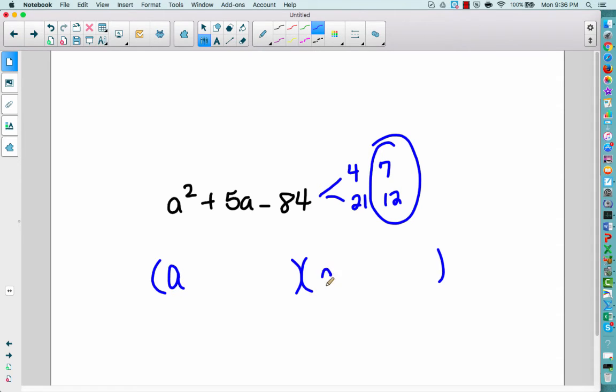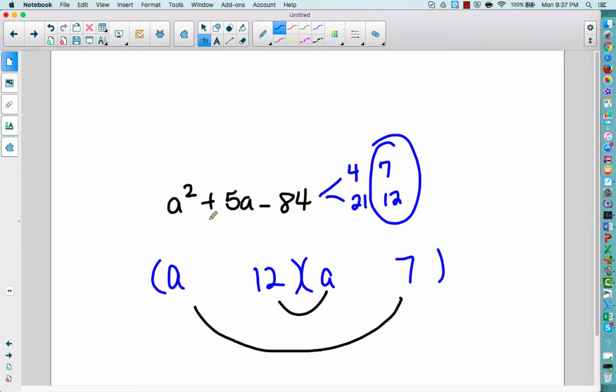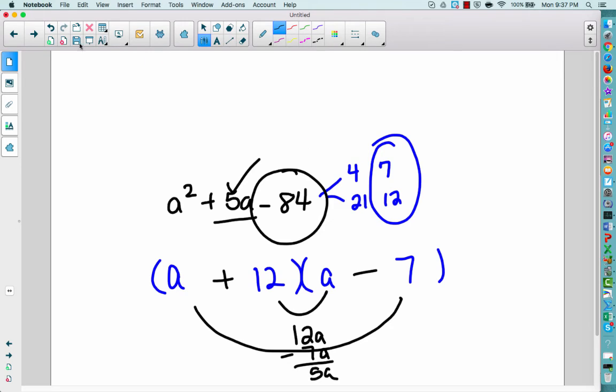So I have x and x, 12 and 7, smiley face in to help me. I need them to add to a positive 5, but multiply to a negative number, which would mean the 12 would need to be positive, the 7 would need to be negative. I check myself regardless if I see it or not, and I get a positive 5x, and I'm good to go.